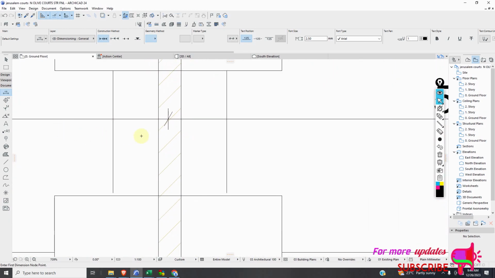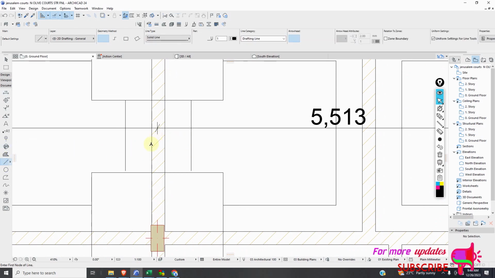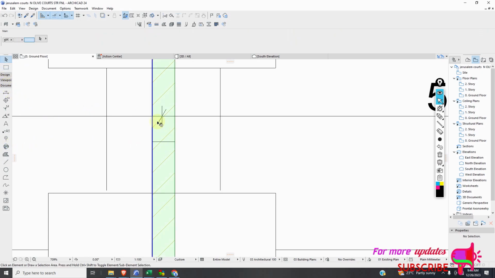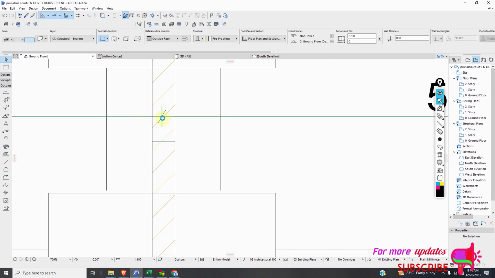Maybe we can find the center, because the grids are normally not at the center of the column, but rather at the center of a line, as I've explained in previous videos. So I think we can just move this.